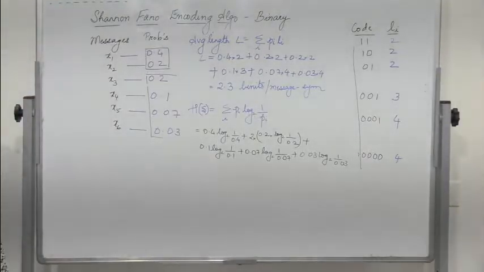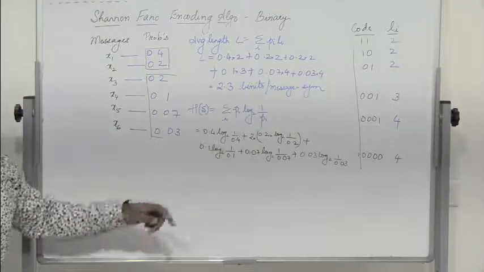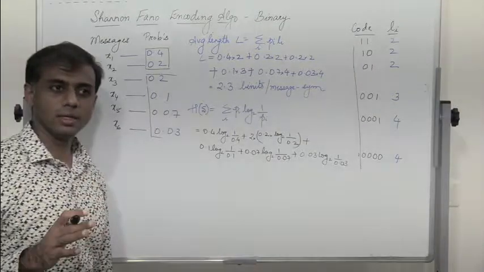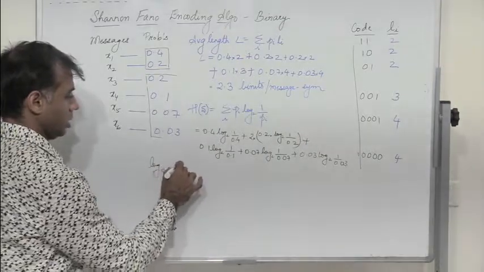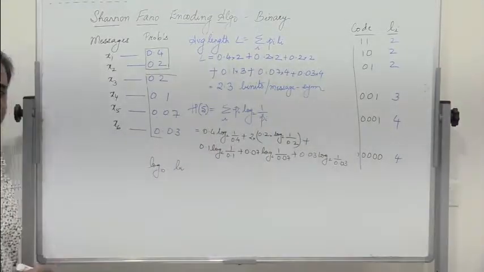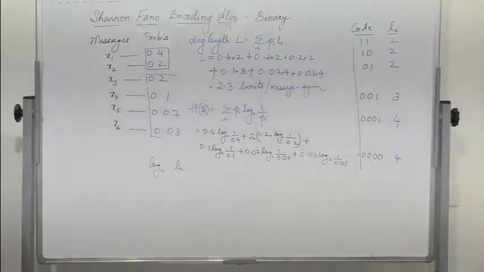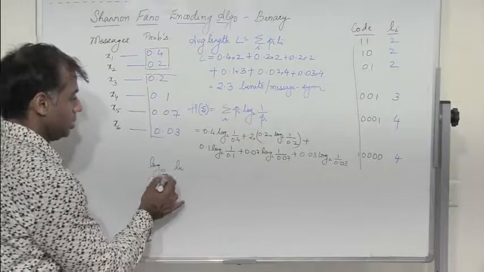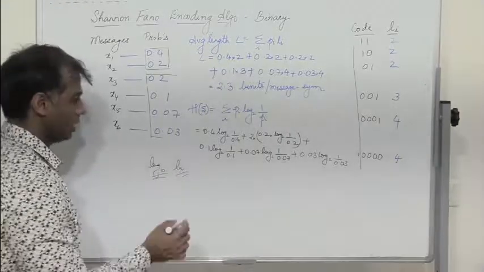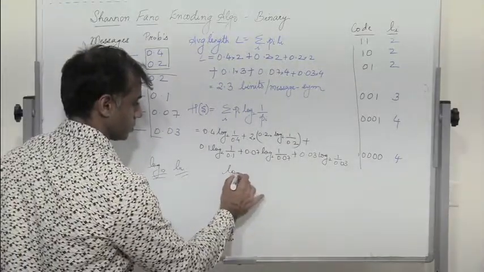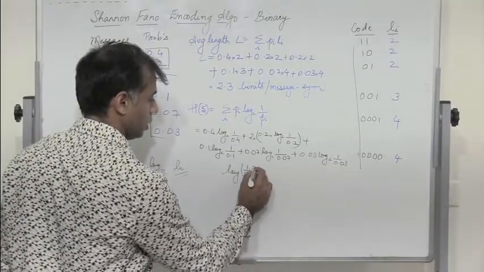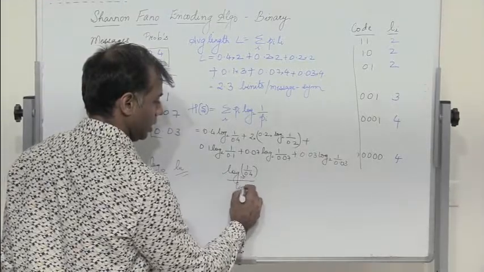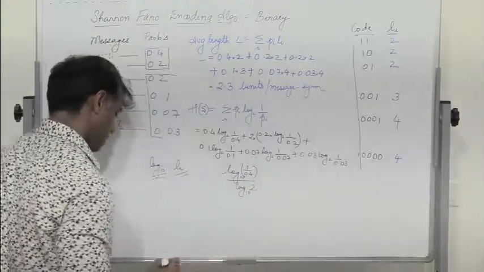Right? So now the question is, how do we find log base 2 of 1 by 0.4? In your scientific calculator you will have log, which is base 10, and ln, which is log base e. So to find log of 1 by 0.4 to base 2, I can either use log or ln. One method is you do log of 1 by 0.4 to base 10 divided by log 2 to base 10.